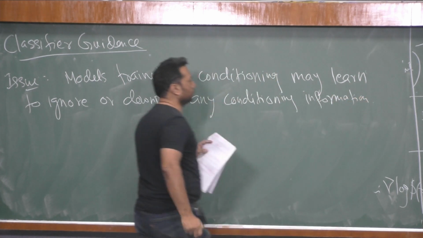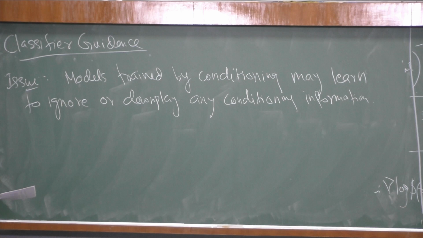So although I'm putting a condition there, if it's not done well, what is the guarantee that the model will even give importance to the conditions that you are giving? Hence, that's why we will go into the classifier idea.